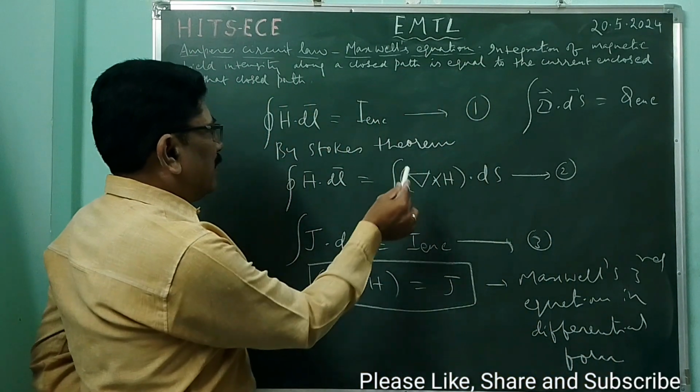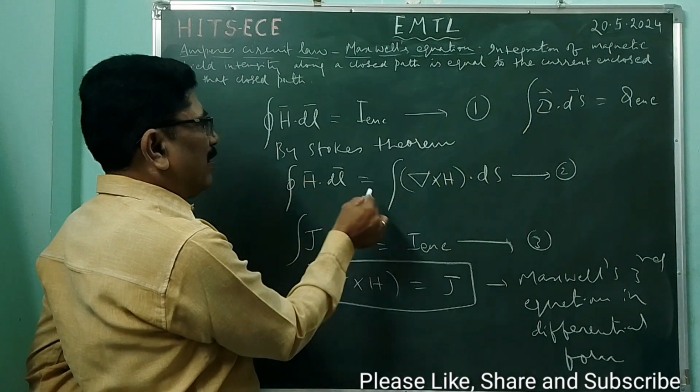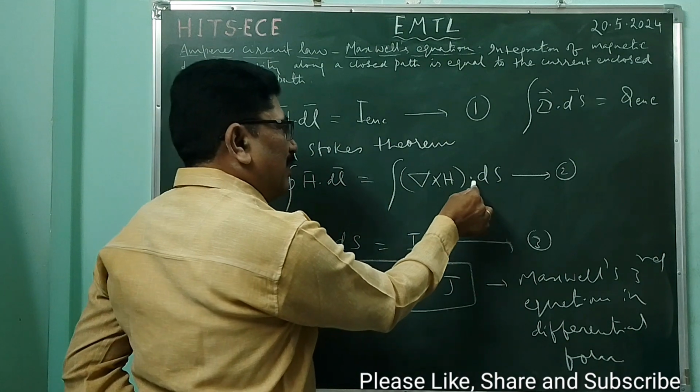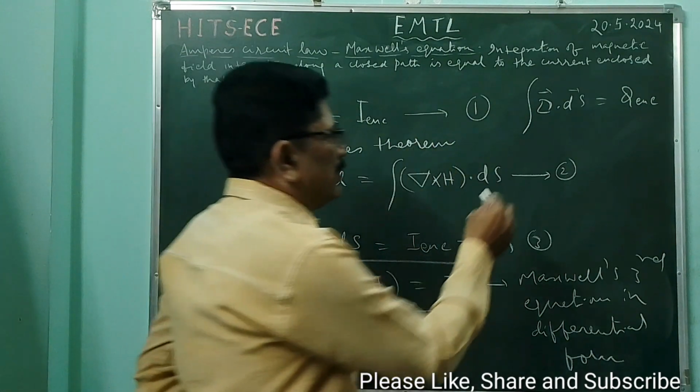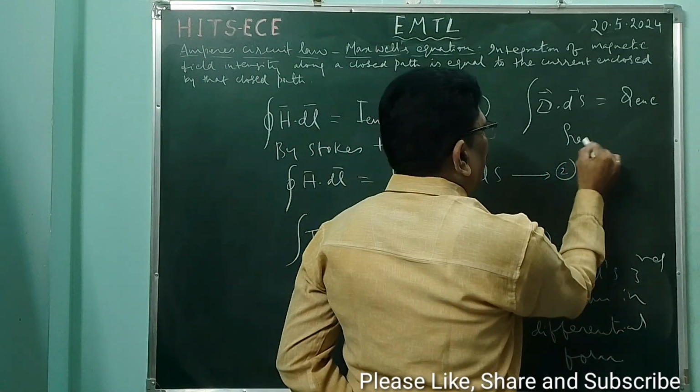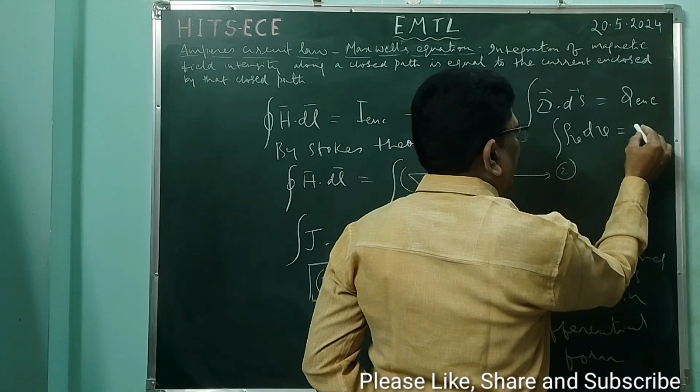And by Stokes theorem in Gauss law, we have seen integral D dot ds is equal to del dot D dv, and the charge enclosed is rho v dv. This is the charge enclosed by the closed surface.